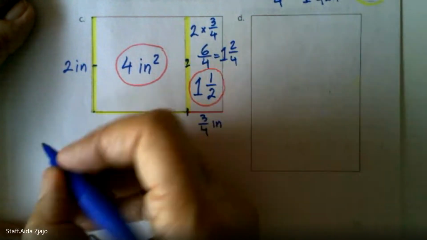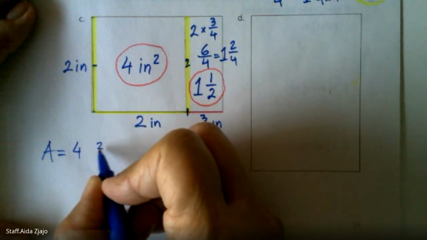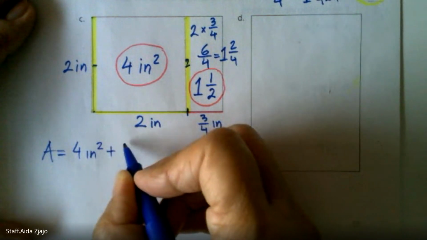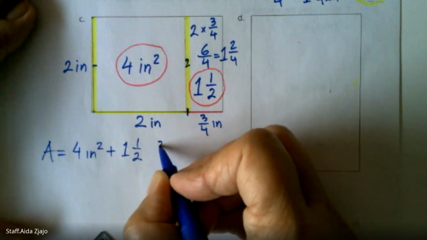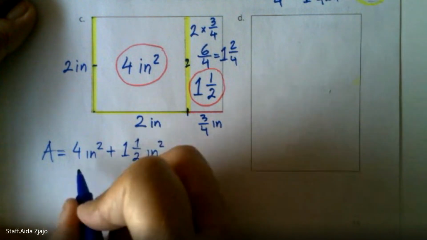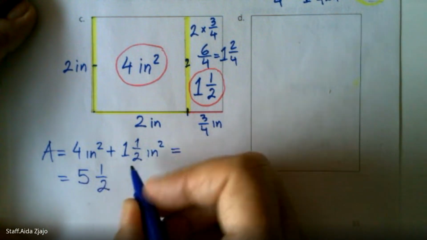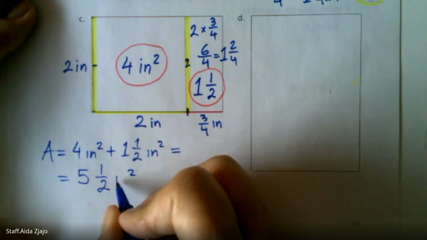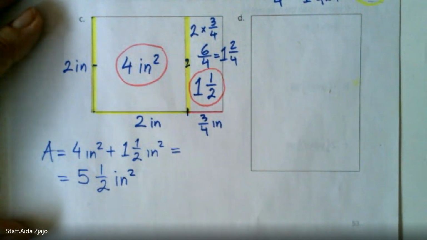So the area here is 4 square inches plus 1.5 square inches. All together is 5.5 square inches. And that's C.